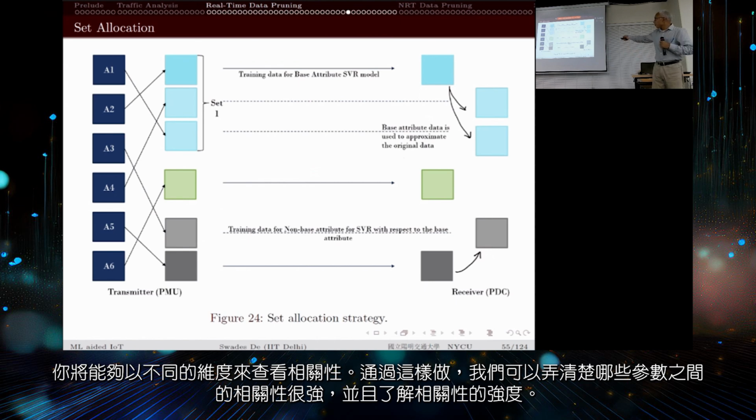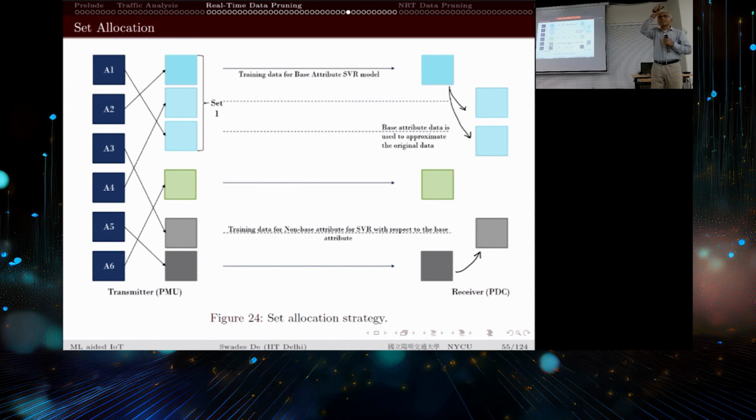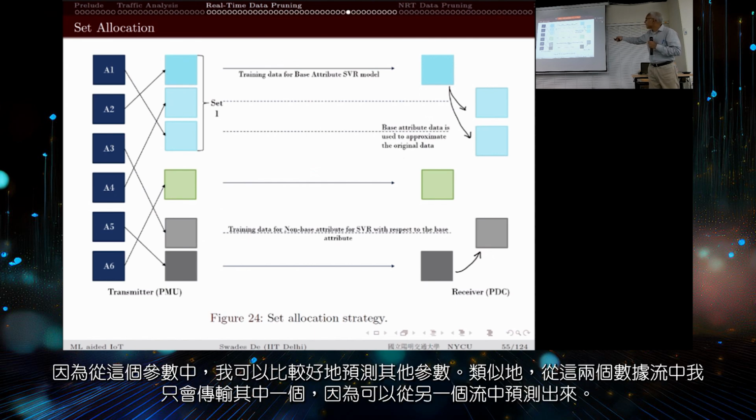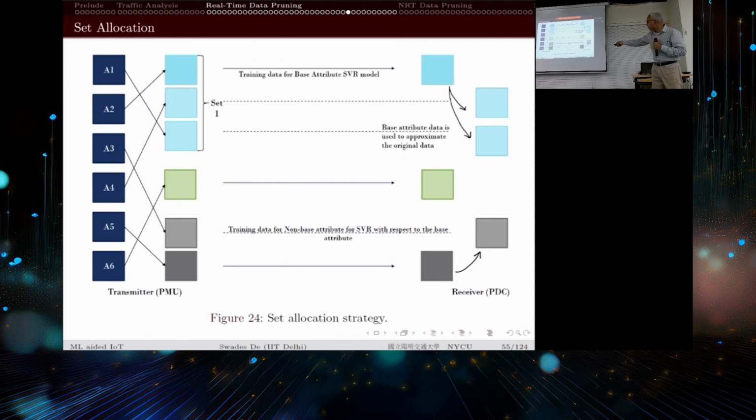By doing that, I figure out they are strongly correlated, and we can also predefine the strength of the correlation. Let's say 0.6 is the correlation above which they are strongly correlated, and then I see that out of these 3 parameters I need to transmit only one of them, because from that I can sufficiently well predict the other two. Likewise, out of these 2 streams I will transmit only this one, and the other can be predicted from it.